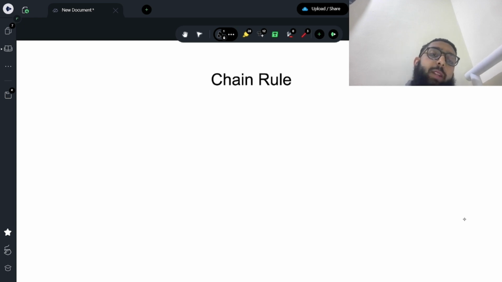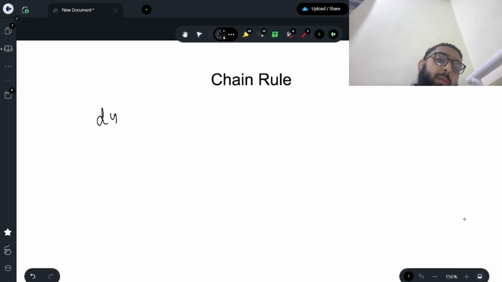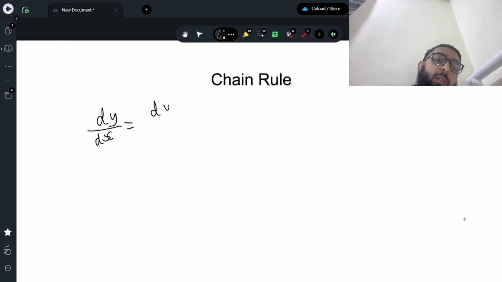Well, the chain rule tells us that the derivative of y with respect to x equals the derivative of y with respect to some other parameter t, multiplied by the derivative of t with respect to x. Now be careful, these are not fractions.